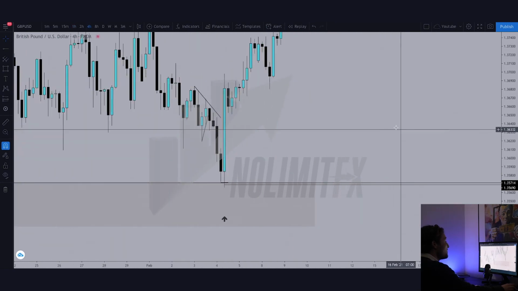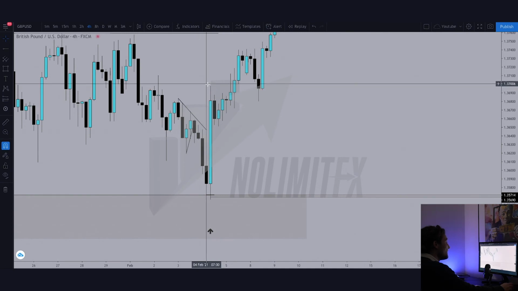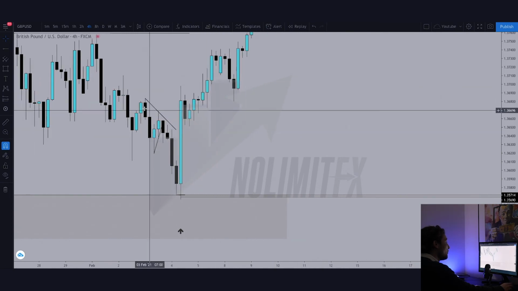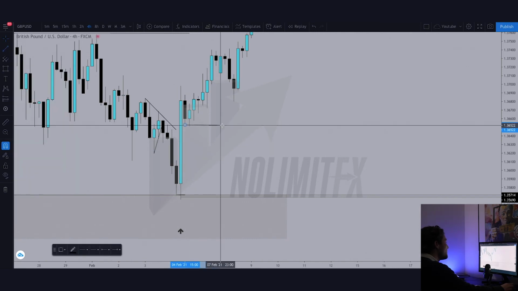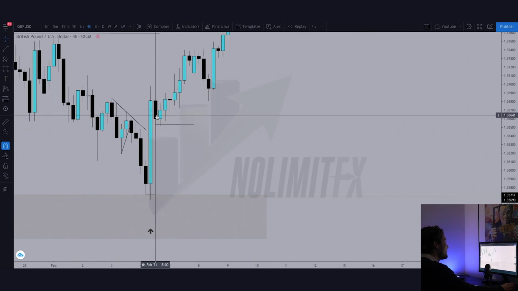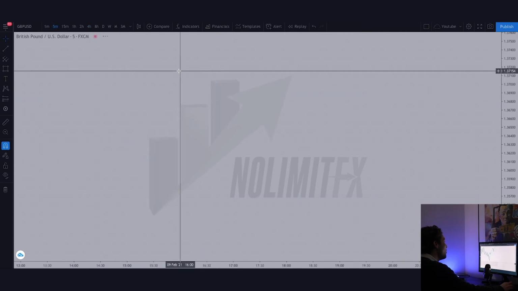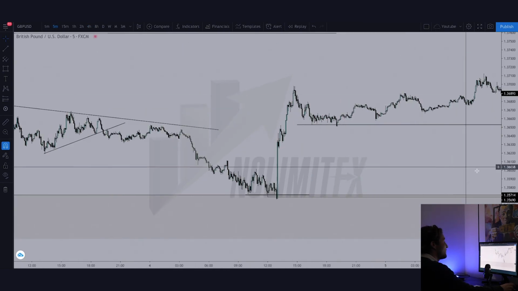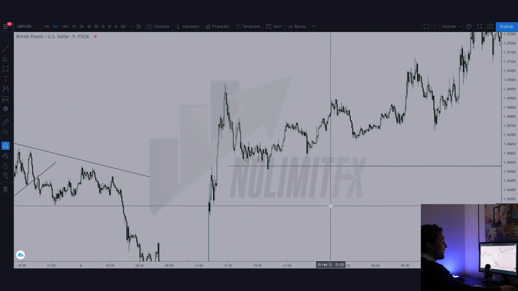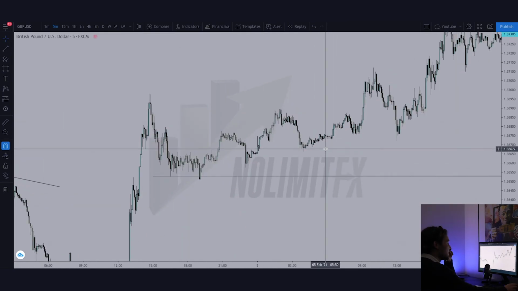So what you're gonna do, you wait patiently for a small pullback into the 4 hourly. So what have we done here, guys? Boom, we have taken this 4 hourly low, which is a small range. Let's get back to the 5-minute time frame, and this is exactly what we need.